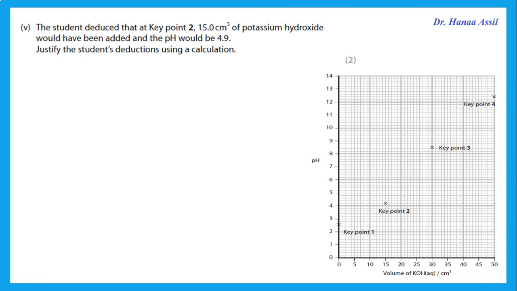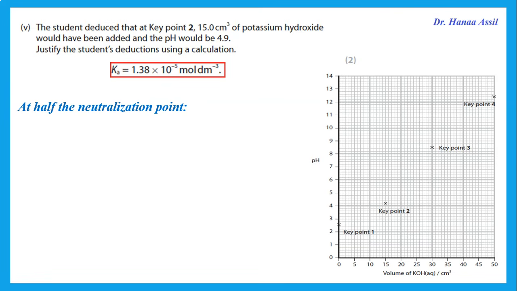The student deduced that at key point 2, can you see where key point 2 is? 15 centimeter cubed of potassium hydroxide would have been added and the pH would be 4.9. So key point 2 is halfway to the neutralization point, and halfway we know that the Ka is this value. At half the neutralization point, the concentration of the pentanoate ion would be equal to the concentration of pentanoic acid.